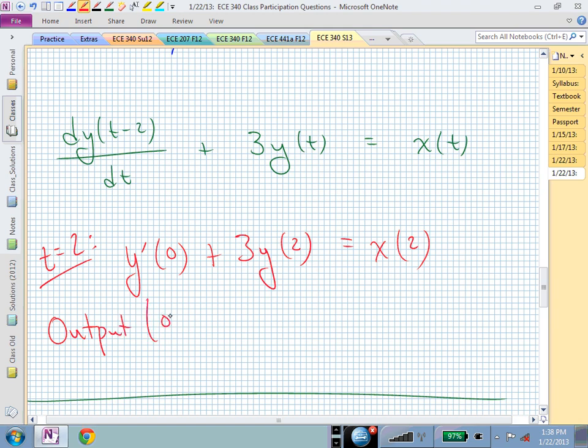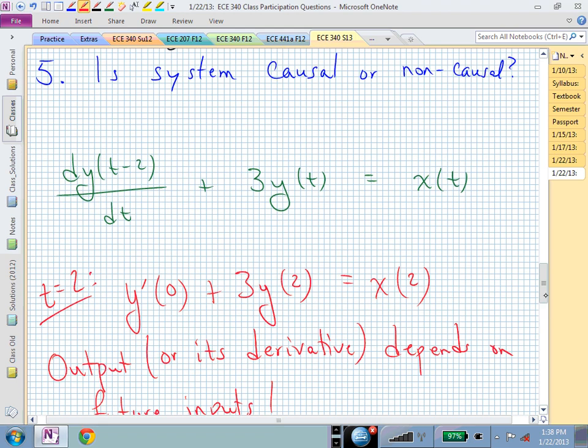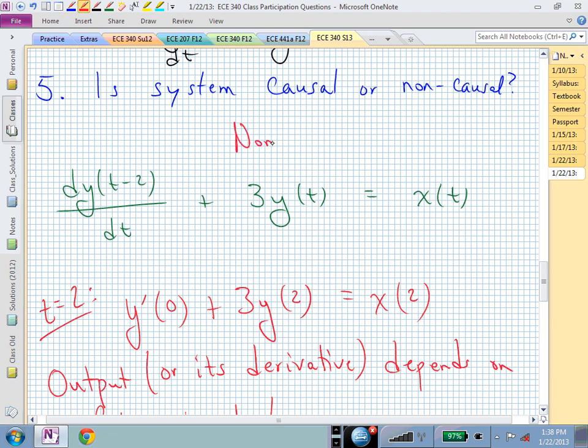Here we are seeing that the output, or in this particular case the derivative of the output, depends on future inputs. That means that this system is non-causal.